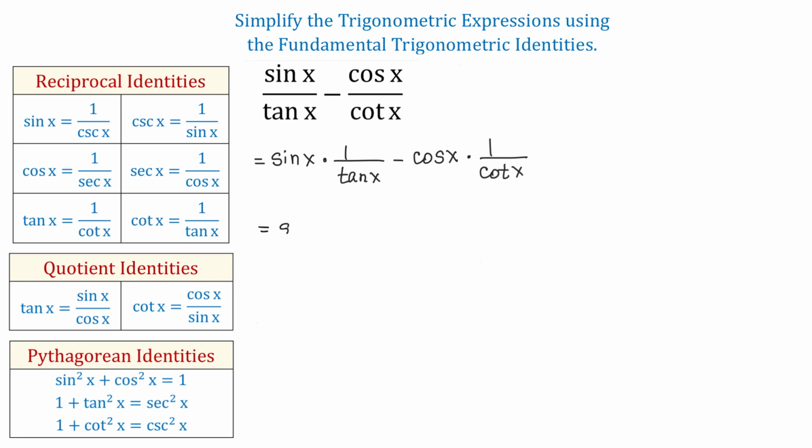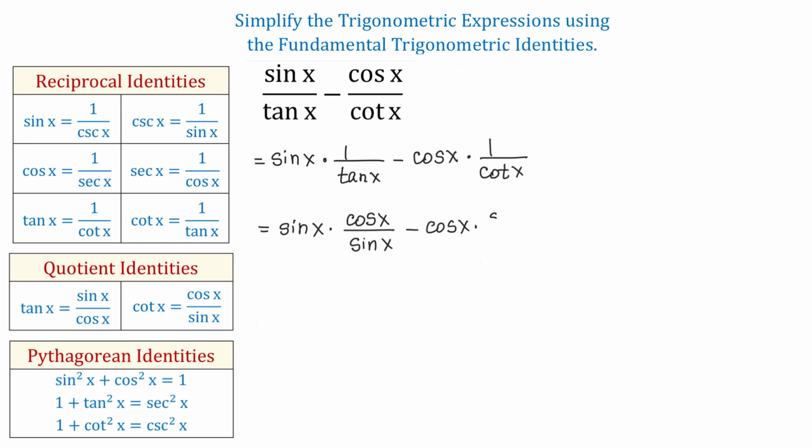Then we will have sine of x times, and now 1 over tangent of x is the same as cotangent of x, and cotangent of x is cosine over sine. So we will multiply by cosine of x over sine of x minus cosine of x times, and now 1 over cotangent of x is the same as tangent of x, and tangent of x is sine of x over cosine of x.